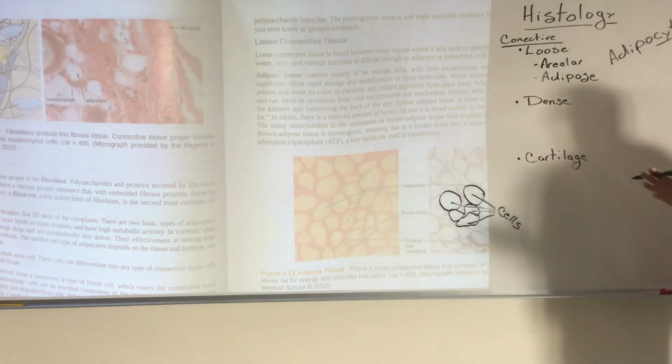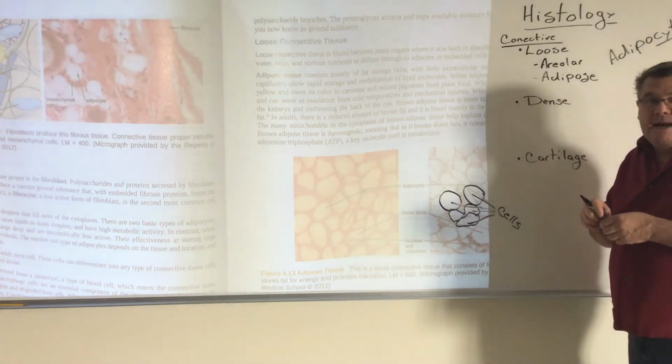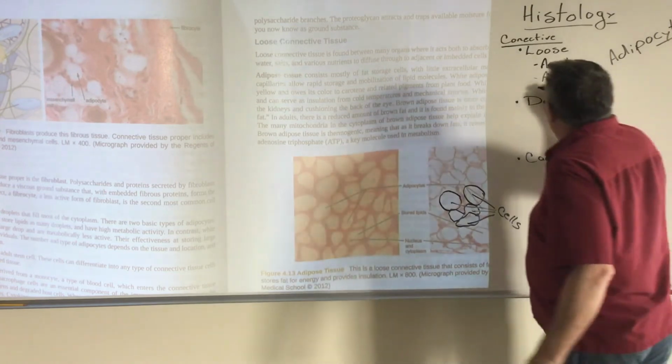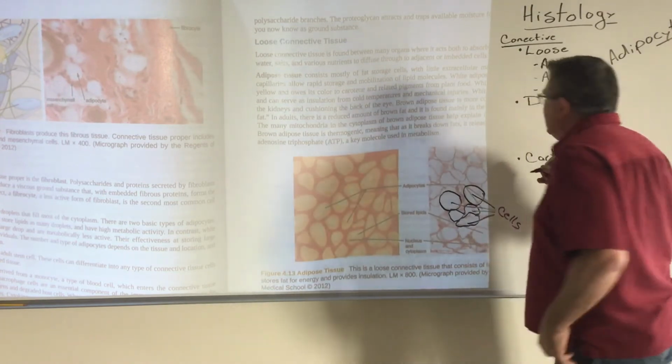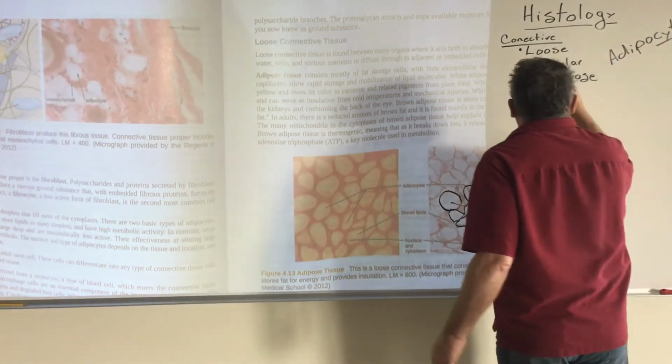We make them very unique in what they store and what they do. Metabolically, there's not a whole lot more they do. I'd like to make them all fancy, but they're not. So we've got areolar, we've got adipose, and then lastly, with the loose connective tissue, we may have hit this one too, right at the end, is reticular.